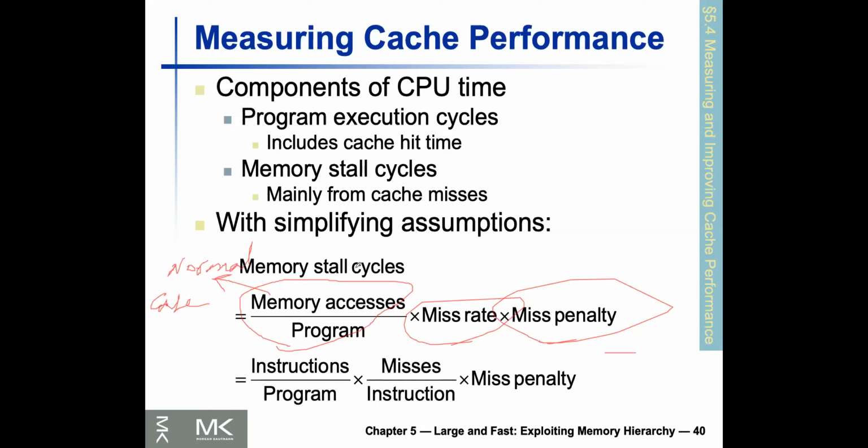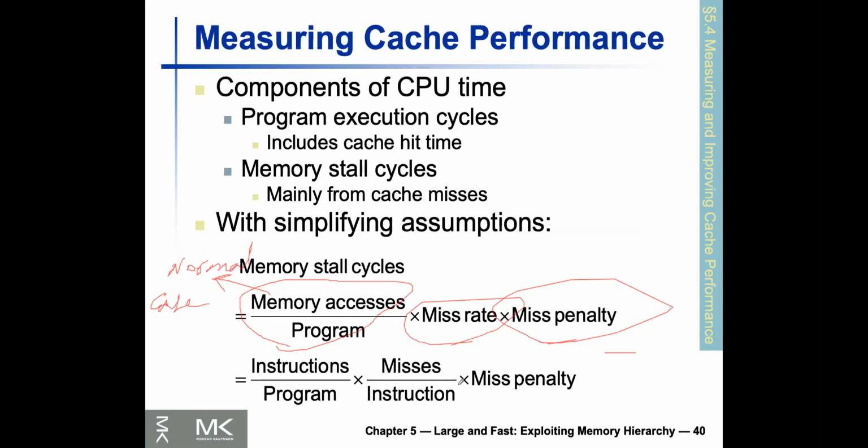So you have to multiply these three values, which equal instructions per program, multiplied by misses per instruction, multiplied by miss penalty. This is the way we can measure the performance of cache while running executions of some instructions.